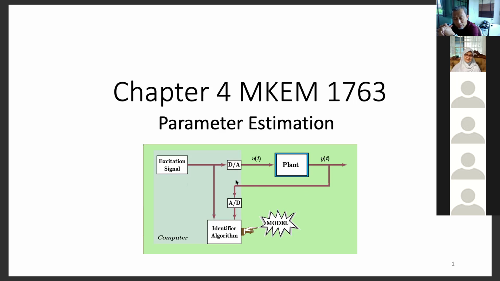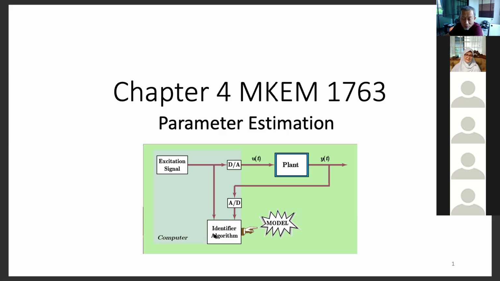The input is injected to the plant as U, and the output will be Y, and both are captured using an analog to digital converter. The identifier algorithm here is the part that we are looking for, which consists of step-by-step procedures or protocol in calculating all the coefficients of the mathematical model.